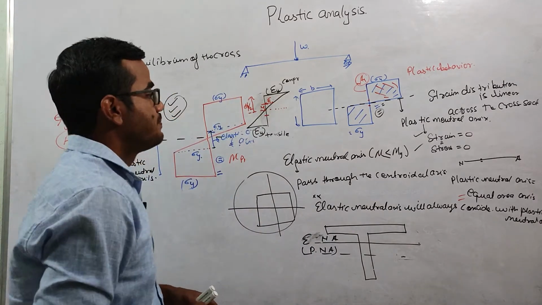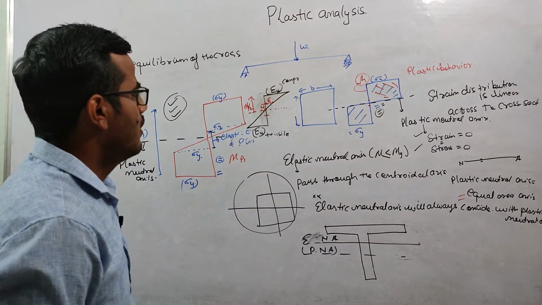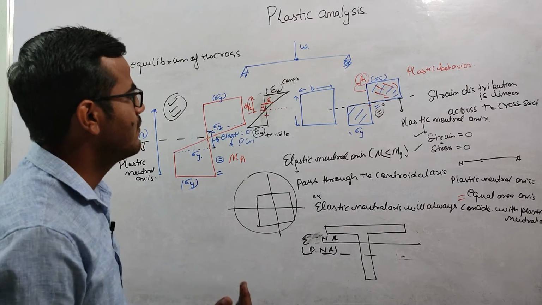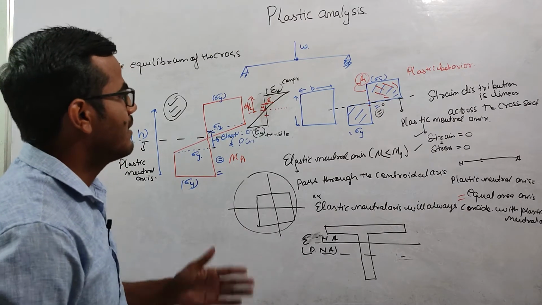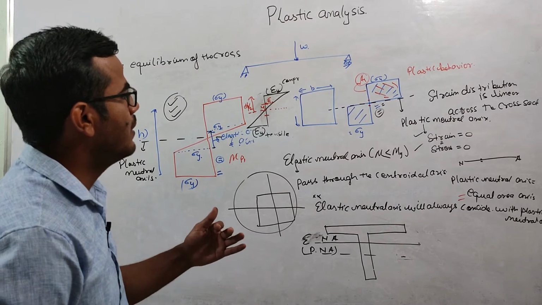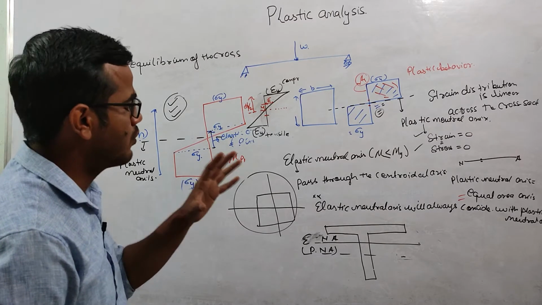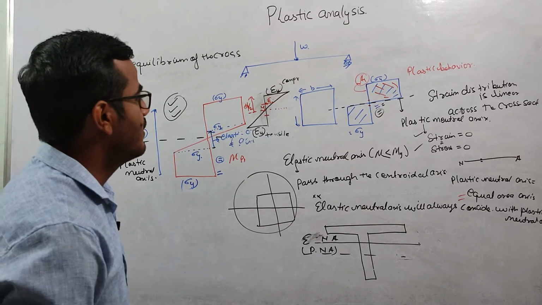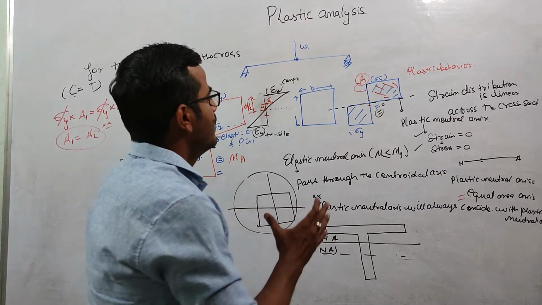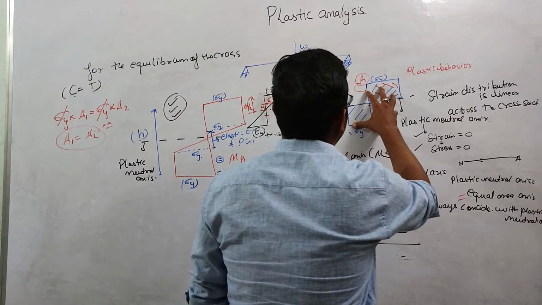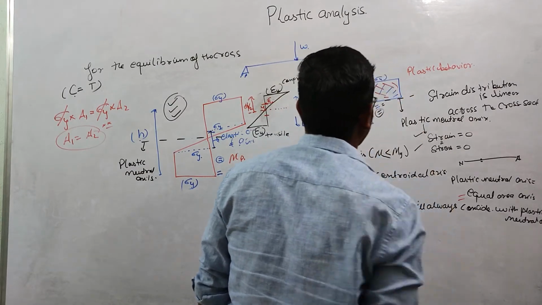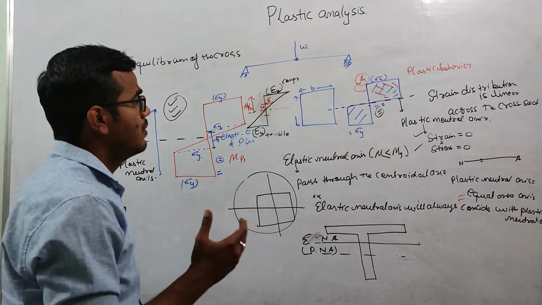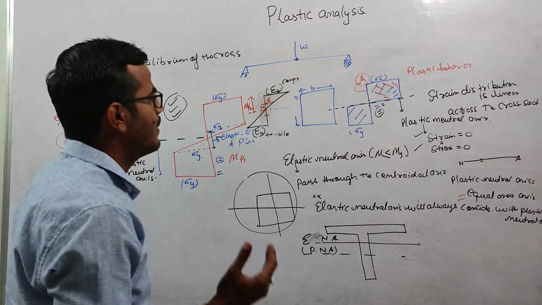Now I think you have some idea about what the plastic neutral axis and the elastic neutral axis are. In the elastic neutral axis case, the cross section is under the elastic state, where the moment is less than the yield moment. But in the plastic case, the whole cross section has yielded. Now we discussed the term plastic moment, and what is this plastic moment basically?